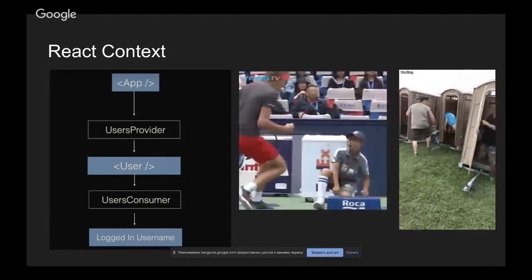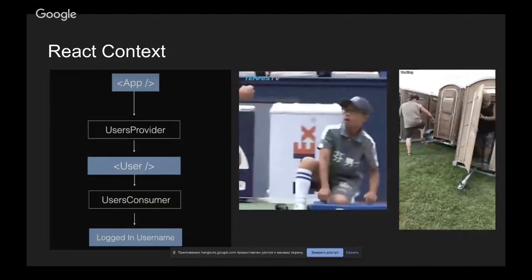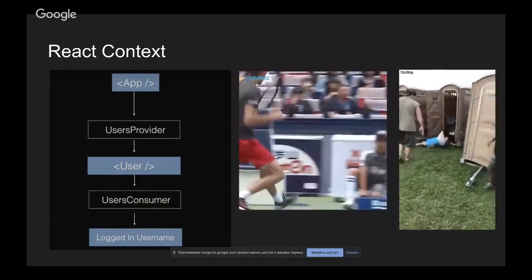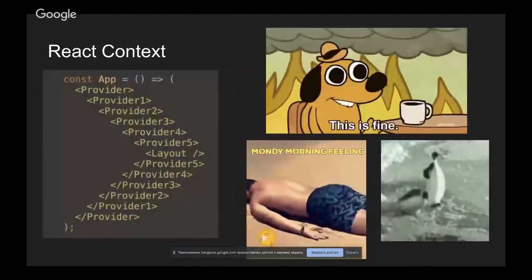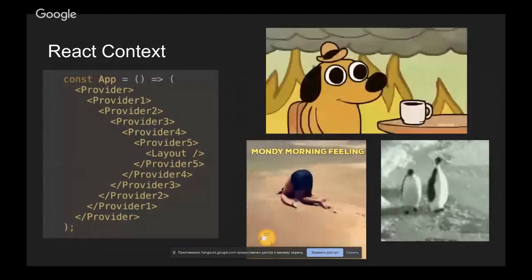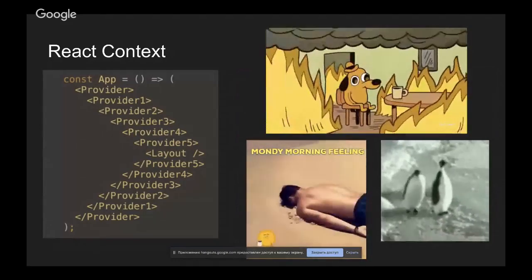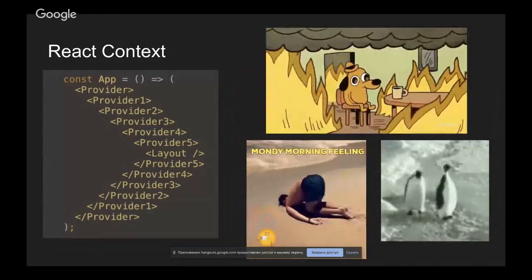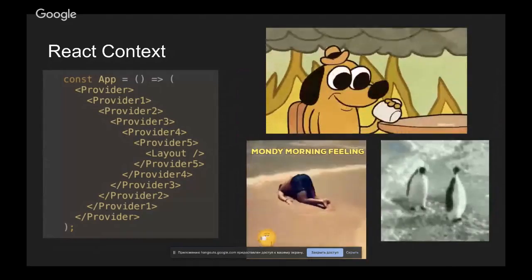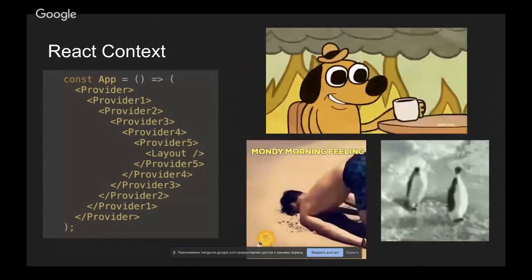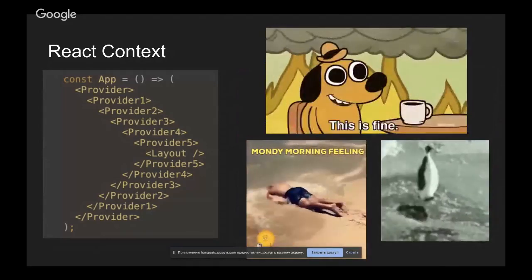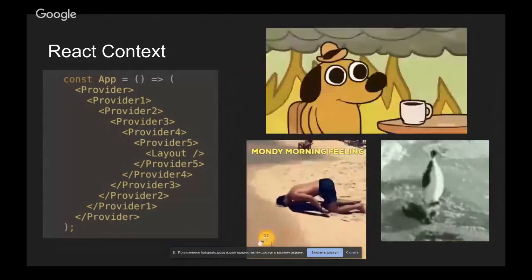Also, if you like React hooks, you can use the context hook instead of the consumer. But when we have a lot of providers in a large application, we can see wrapper hell too. But the most important problem here is that when data from any provider changes, our component will be rendered, and that is not a good pattern for a high performance application.